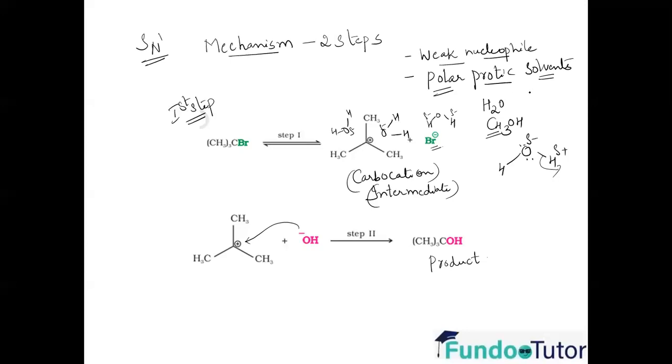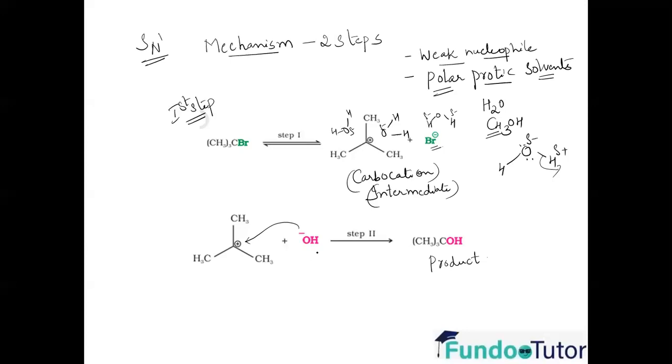But for SN2, we have learned that the reaction is favored by polar aprotic solvents, because the reaction there proceeds through a transition state. But a carbocation intermediate is formed in the SN1 mechanism, which is favored by polar protic solvents. So we use polar protic solvents here to favor the SN1 reaction.